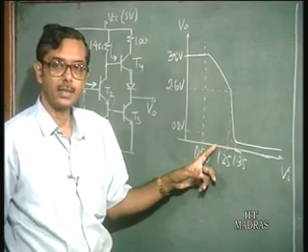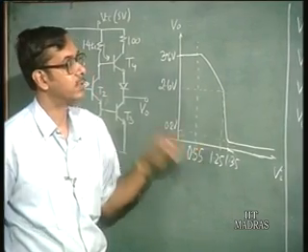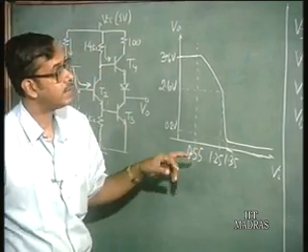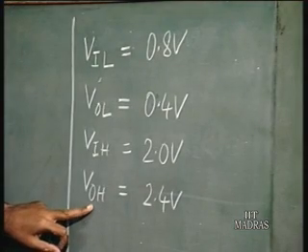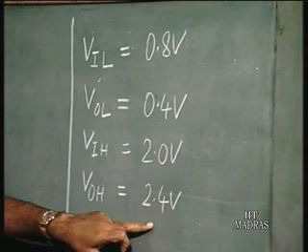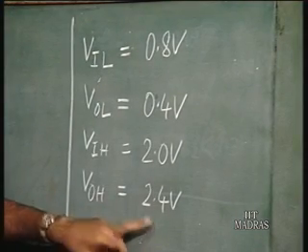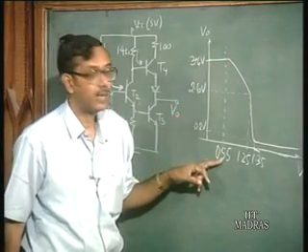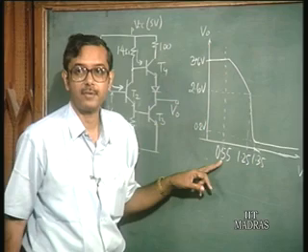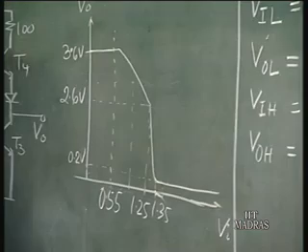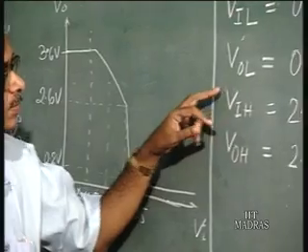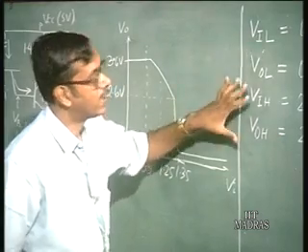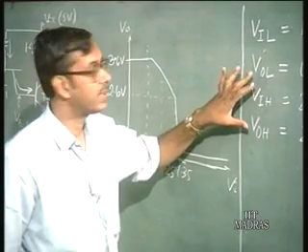But they define VOH as 2.4 volts, not 3.6 volts, because if you define VOH as 3.6 volts, you would have to define VIL as 0.55 volts or even less.